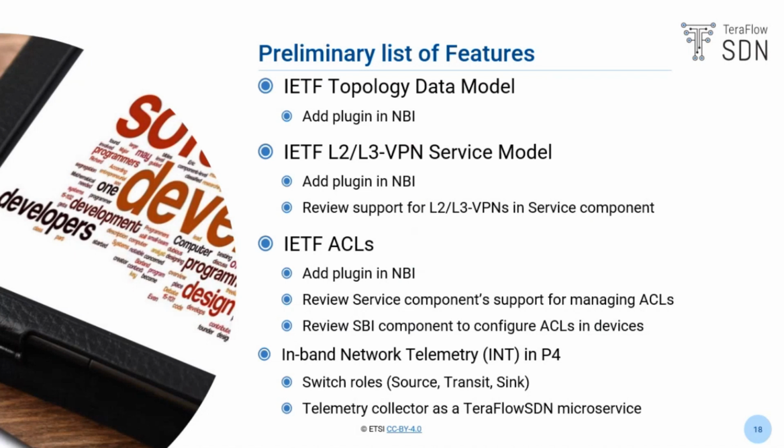There is a missing block here, which I forgot to add: for the slice model, we will also have to manage and review the status of the slice component in TeraFlow. And finally, for supporting ACLs, we will need to manage the northbound interface, the service and slice components, and also the SBI, because we will have to interact with the devices to actually install the different access control list rules.